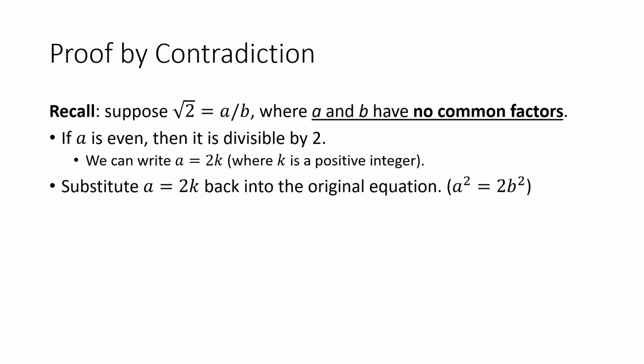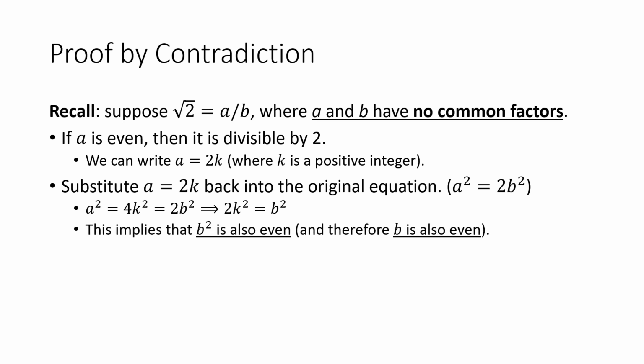So let's substitute this back into the original equation, a squared equals 2b squared. We get a squared, which is equal to 4k squared, which is equal to 2b squared. But we can divide that by 2, and we get 2k squared equals b squared.